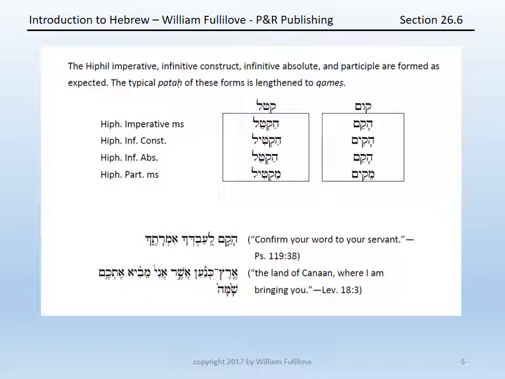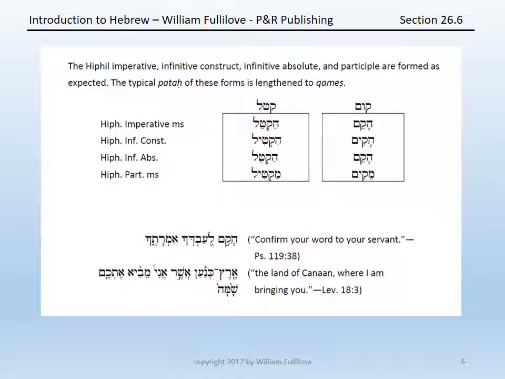The hiphil imperative, infinitive construct, infinitive absolute, and participle are formed as you would expect. The only significant change is that the patach vowel of the strong verb forms typically lengthens to qamets because you have lost the middle root letter in the form you see.